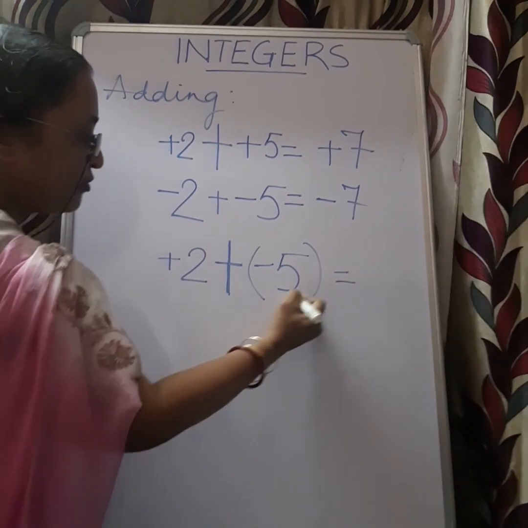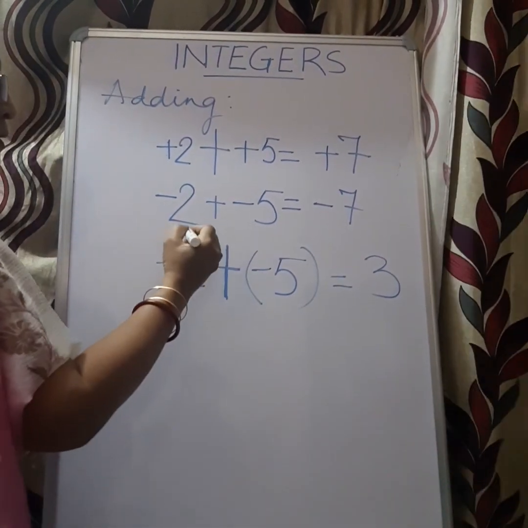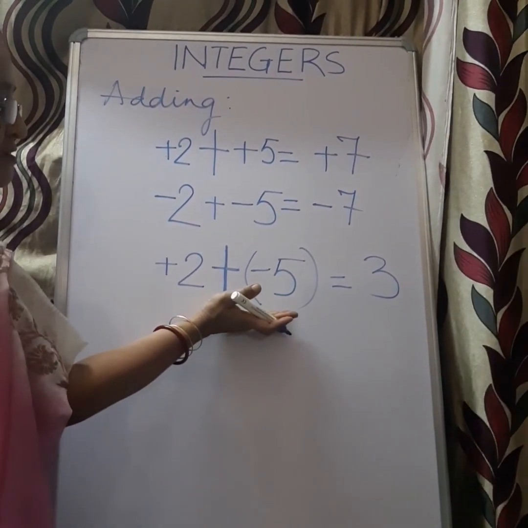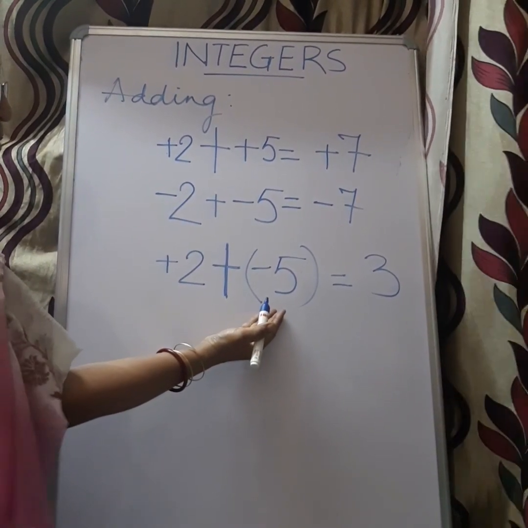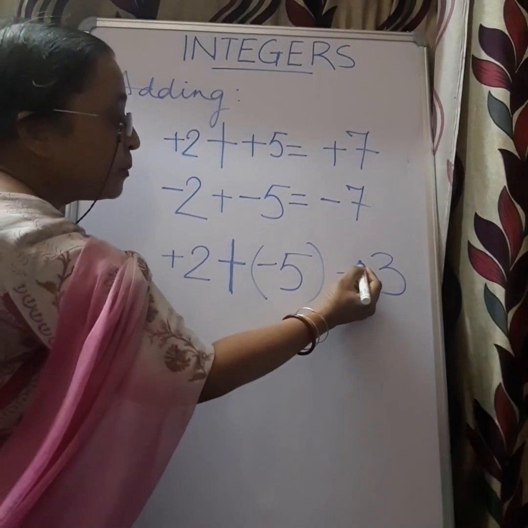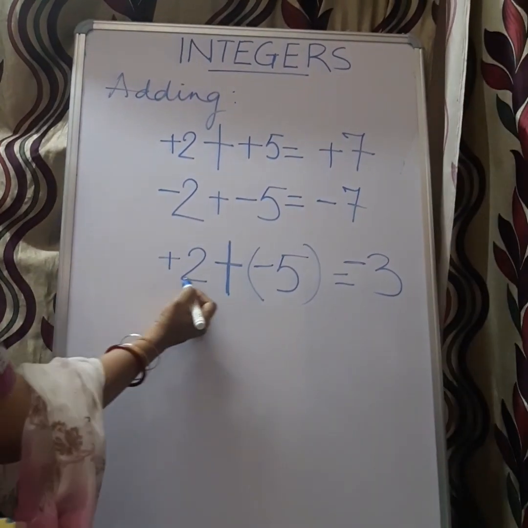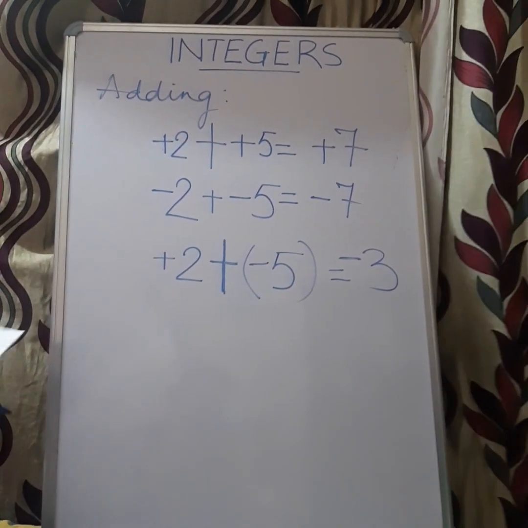So 5 minus 2 is 3, and then we put the sign of the number which has greater absolute value. Here we can see 5 has the greater absolute value and its sign is minus. So we will put a negative sign, and so plus 2 minus 5 is negative 3.